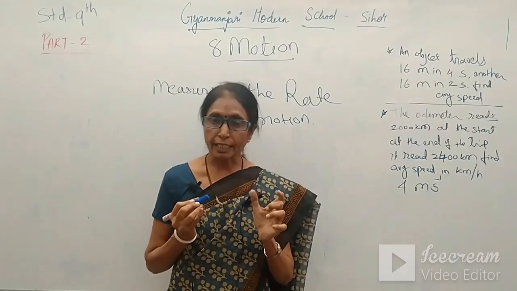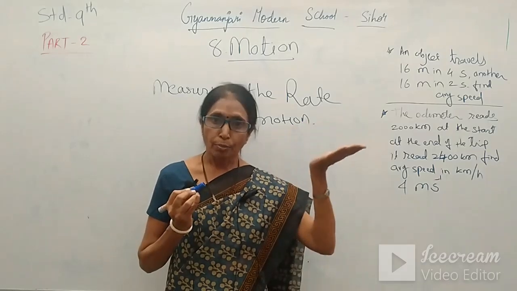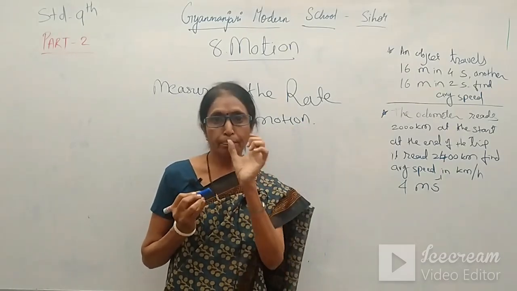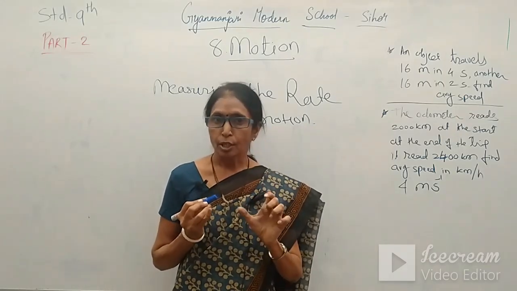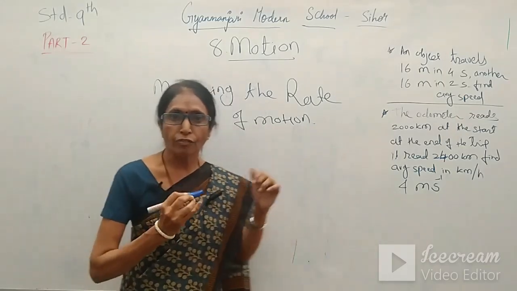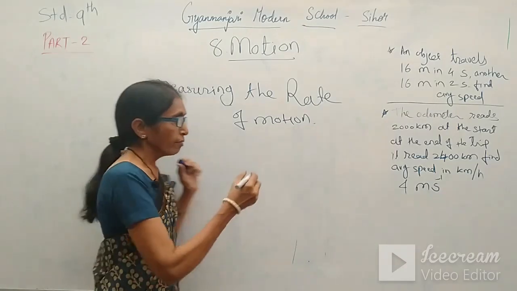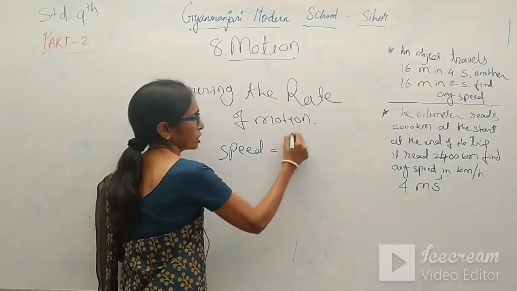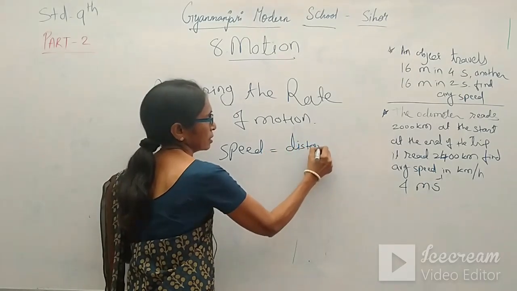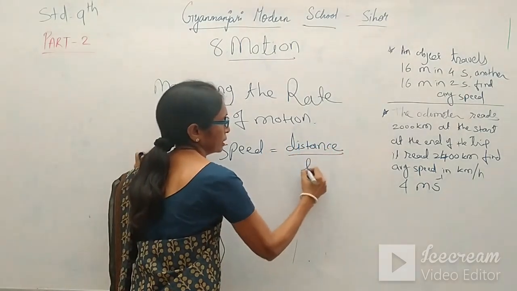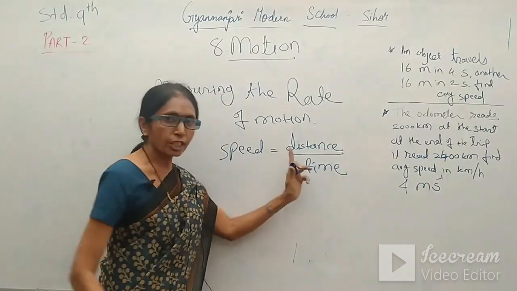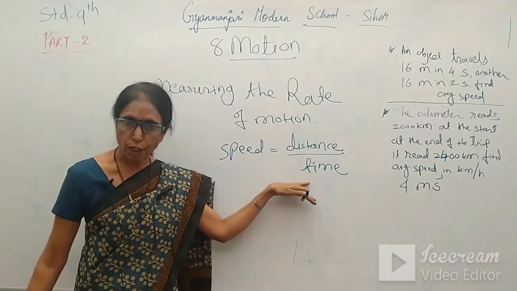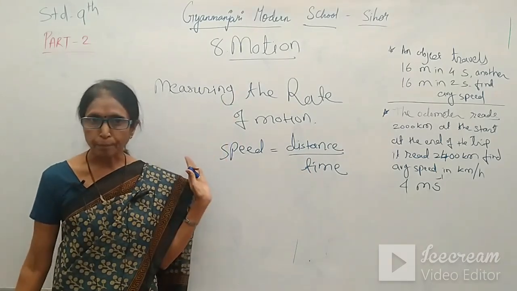Speed is how much distance is covered by an object in a particular interval of time. We can write speed is equal to distance upon time. The ratio of distance covered by an object to the time is known as speed.